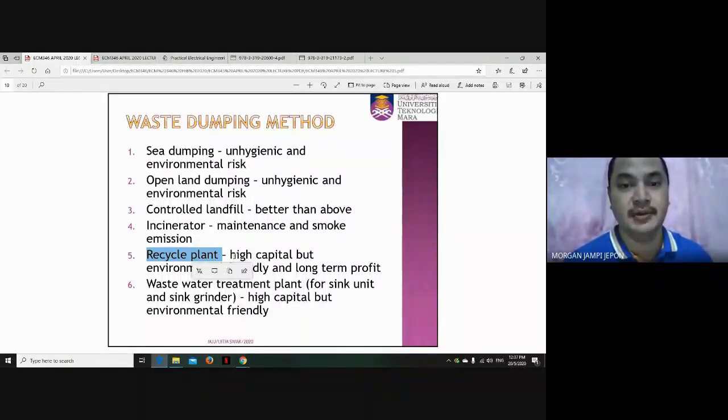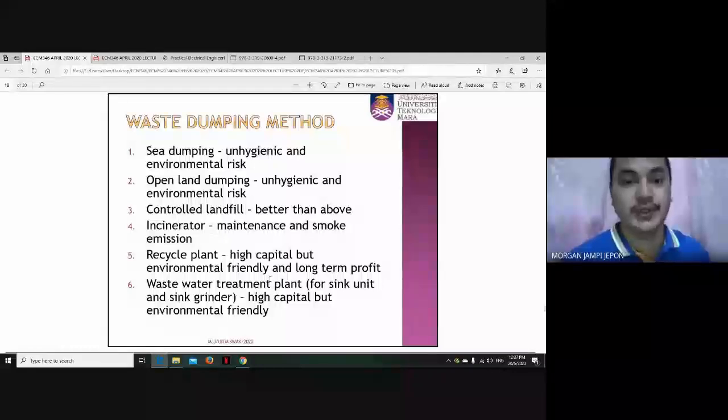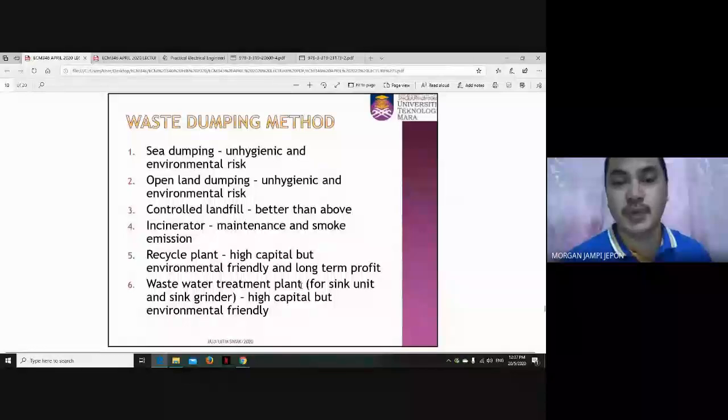They recycle almost everything, and hopefully in the future we can use this system. And number 6 is the wastewater treatment plant. So our waste from the toilet and bathroom goes to the wastewater treatment plant, in the case that we have sewerage, right?